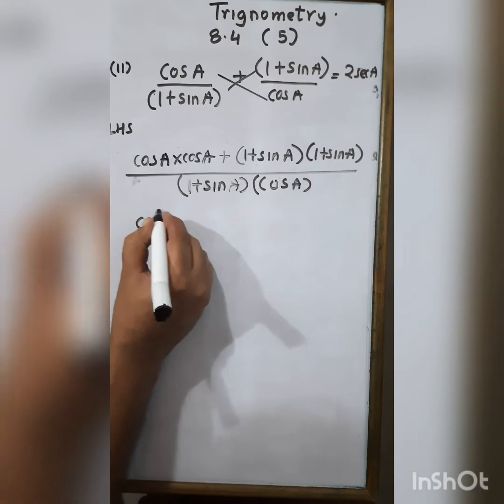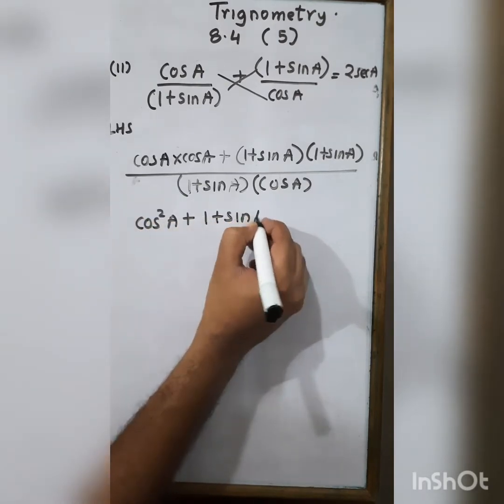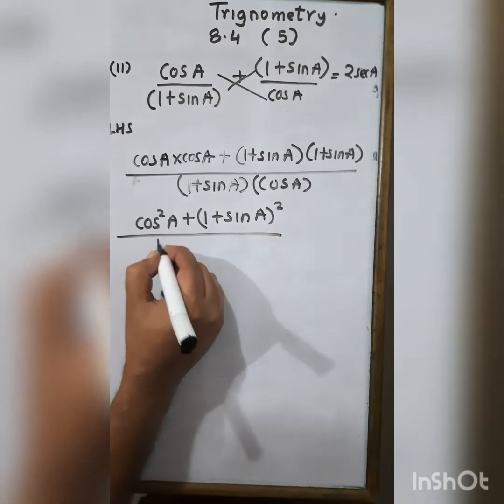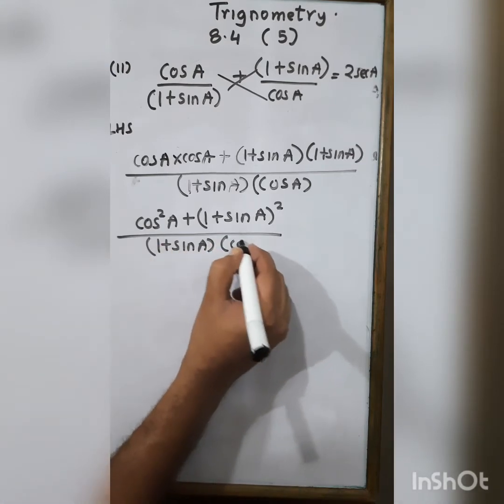It is cos square A plus 1 plus sin A the whole square, divided by 1 plus sin A into cos A.